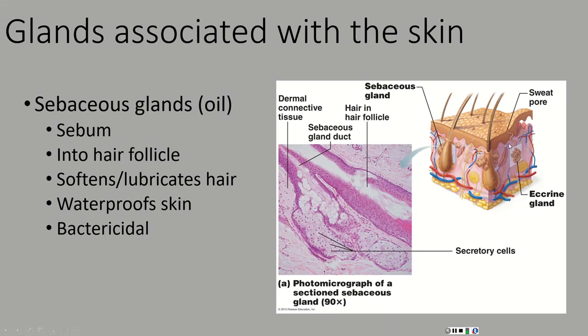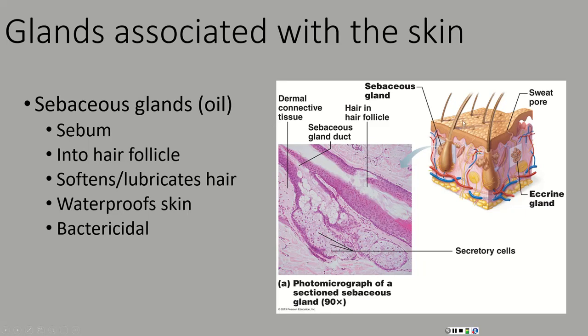So what does this sebum do? Well, one, the hair that's inside that follicle, it softens the hair. It lubricates the hair. If you've ever seen hair under a microscope, it's actually modified dead keratinocytes. It looks like scales. This sebum softens it. It lubricates it so that it can easily grow up through.